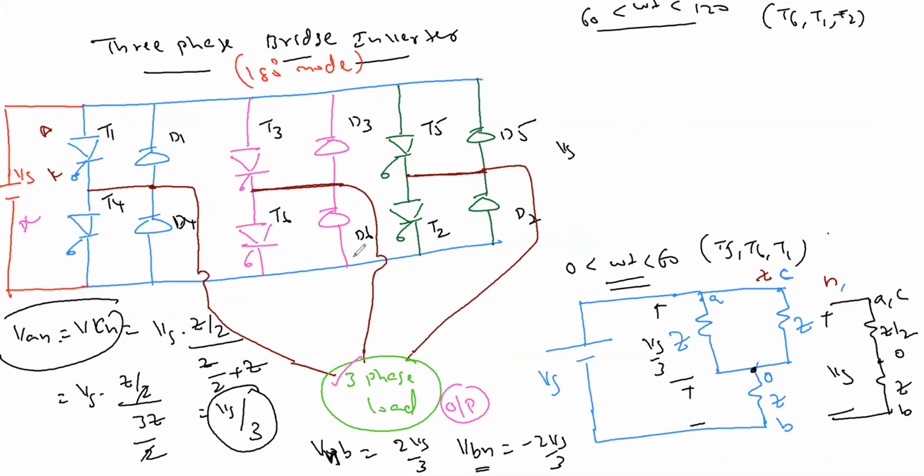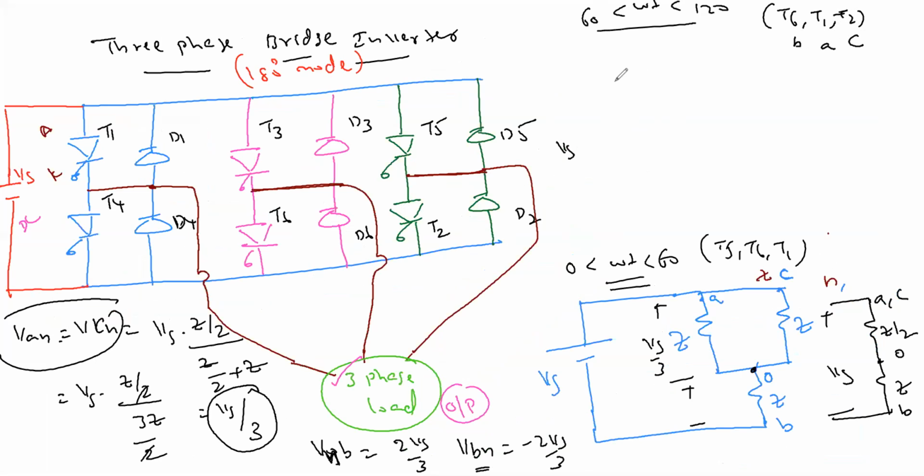So it's easy to draw also. T6, T1, T2. So 6 and 2. 6 belongs to B phase, T6. 2 belongs to C phase. 1 belongs to A phase, right?